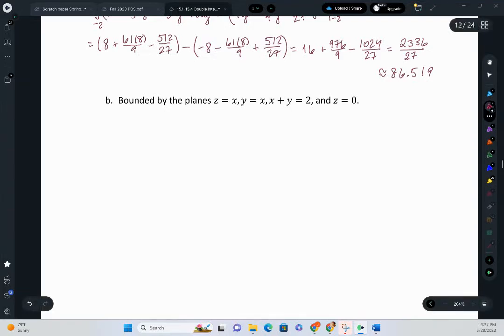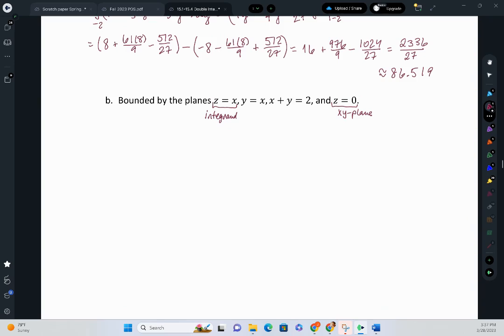Okay, so z equals 0 is the xy plane. Z equals x is my integrand. Okay, it's also a slanted plane that runs parallel to the y-axis.